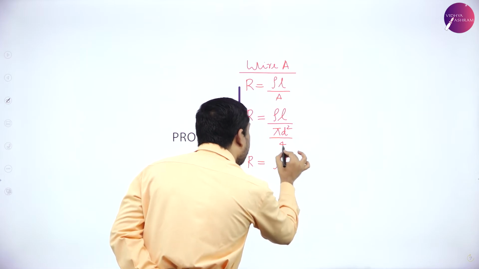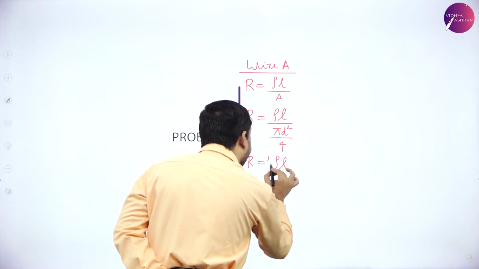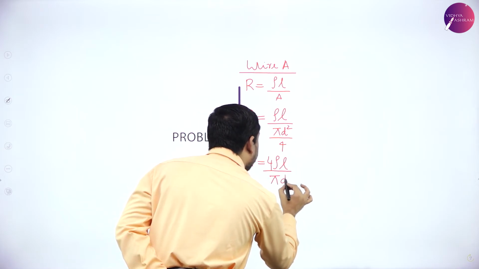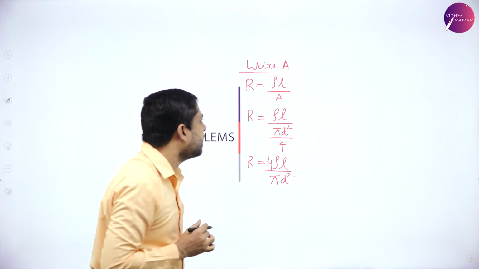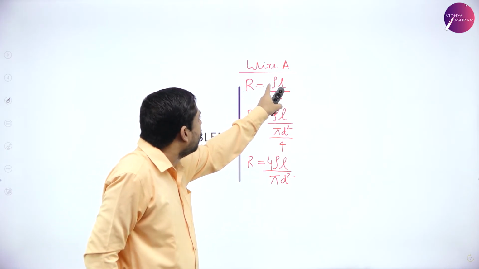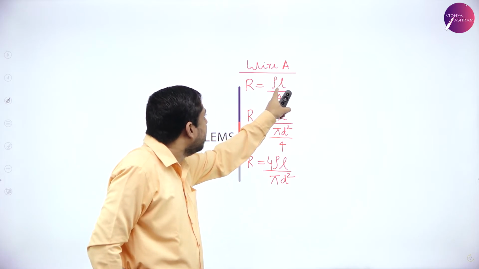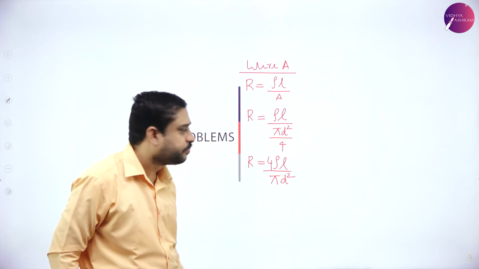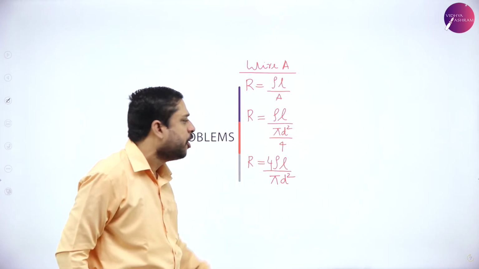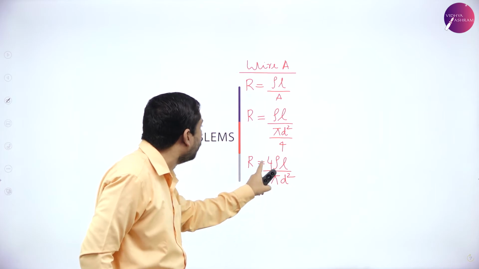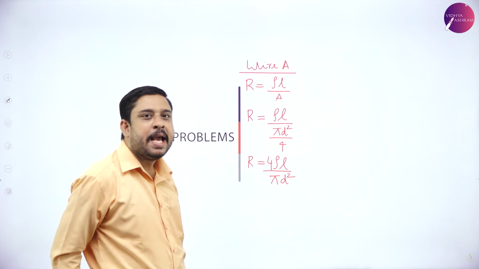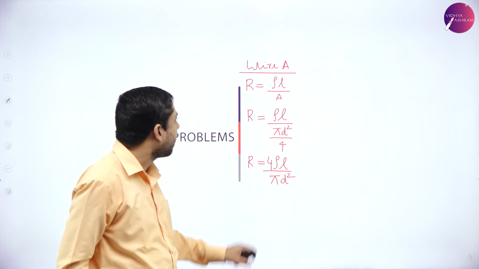4 goes to the numerator, divided by pi d square. Just rearranging. Resistance is rho L divided by A, pi d square by 4. 4 goes to the numerator, 4 rho L divided by pi d square.